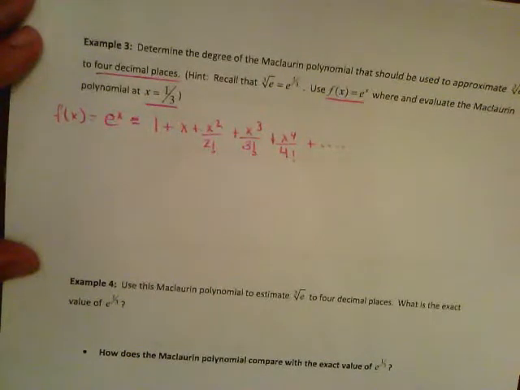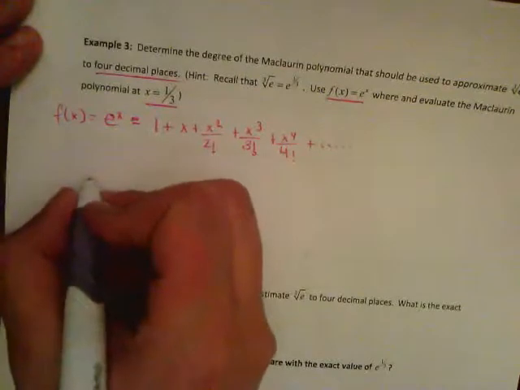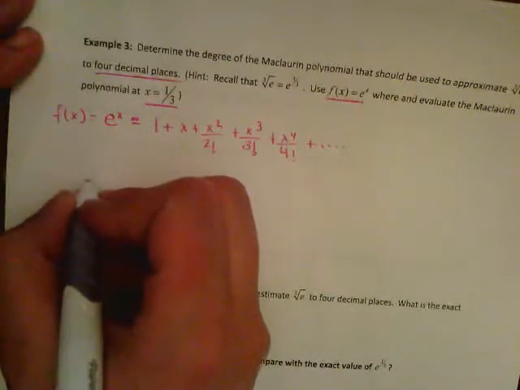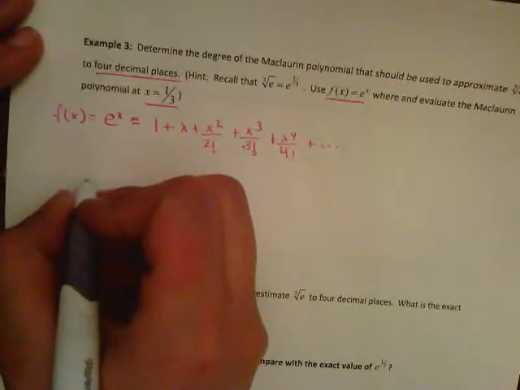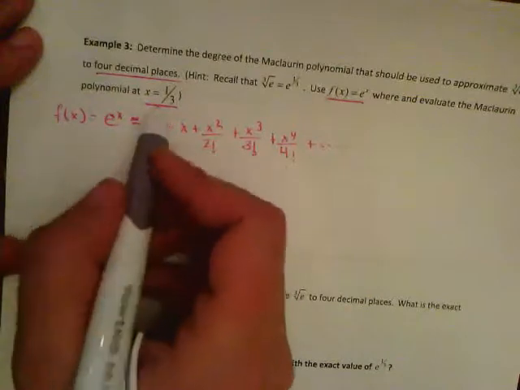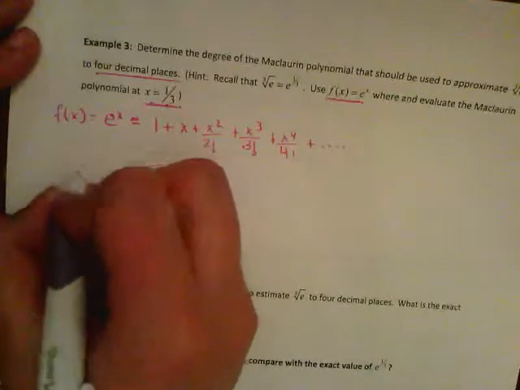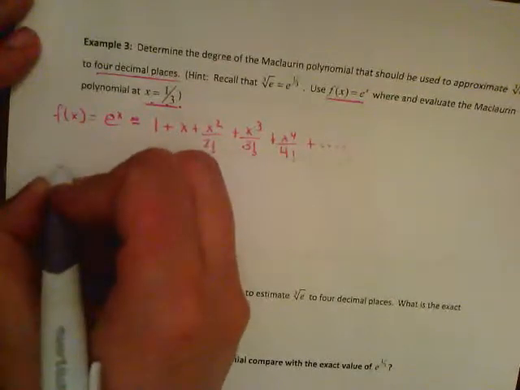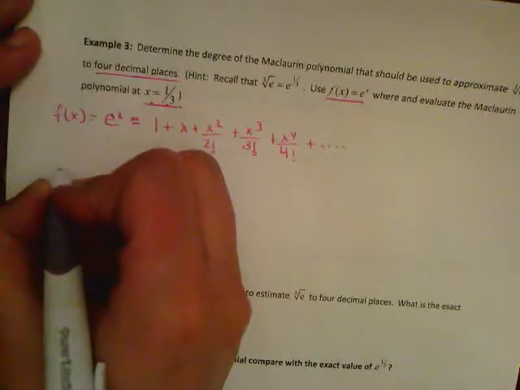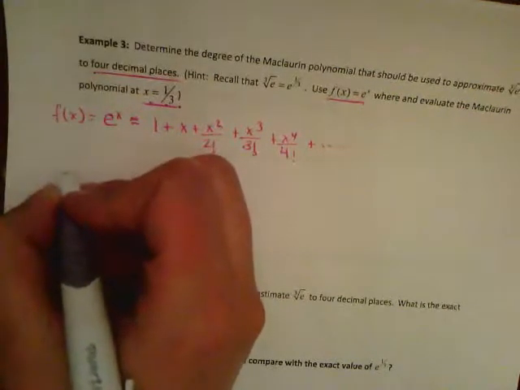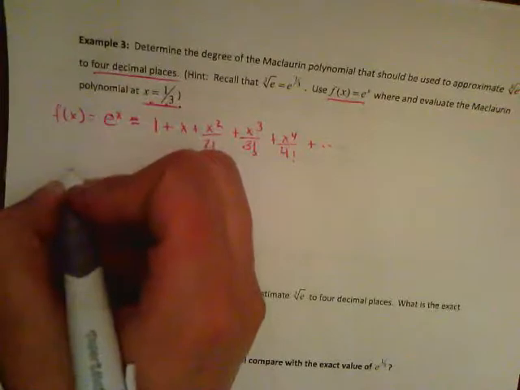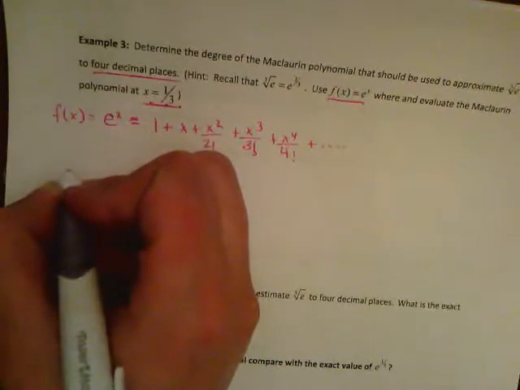But now we're going to use this to find the Maclaurin polynomial at x equals 1/3. So I'm trying to figure out which degree, so how far do they want us to go?